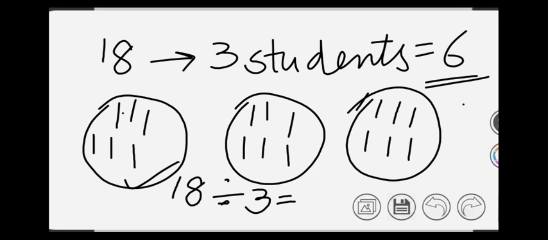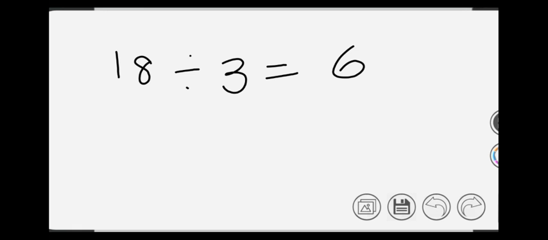Each will get 6 balls. So this is how we can frame the division sentence. Now coming back to this, I am writing the statement here again. 18 divided by 3. It means 18 balls I have divided among 3 students and each will get 6 balls.